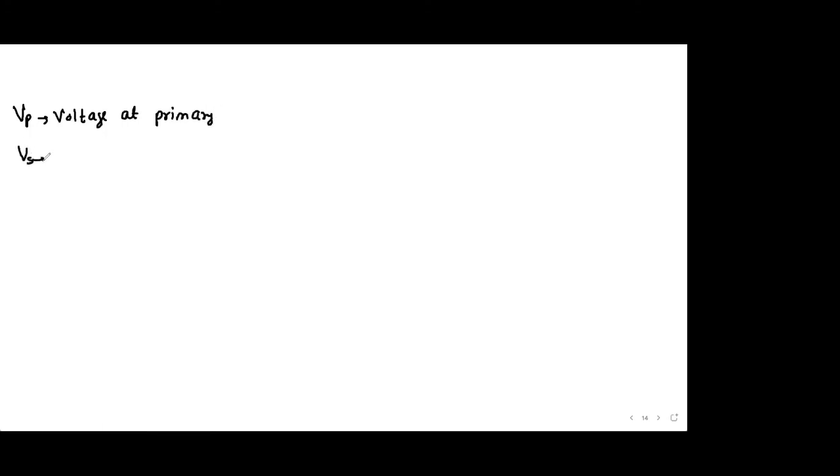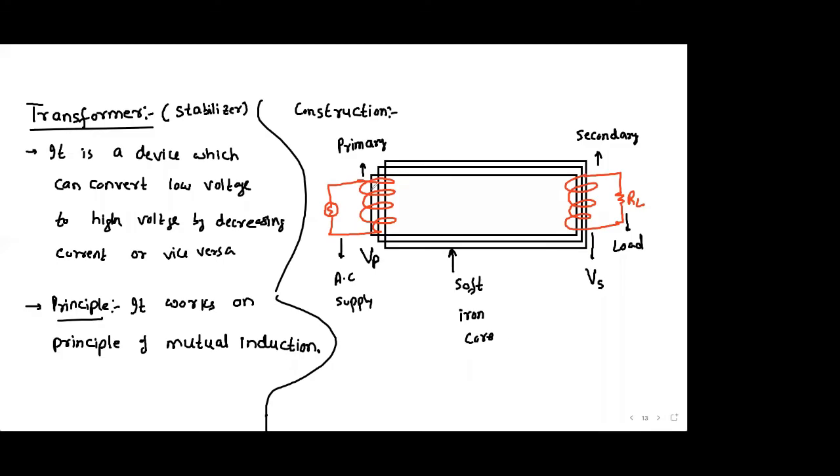And Vs is voltage at secondary. Then you have number of turns, NP. See, this is coil which is wound over the soft iron core. So the number of turns at the end of primary is NP. And here the number of turns is Ns.